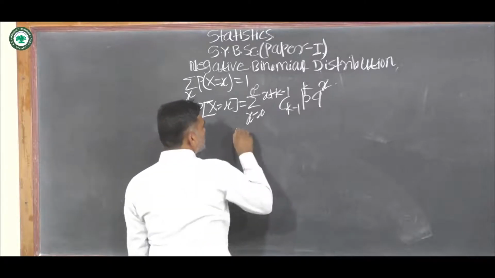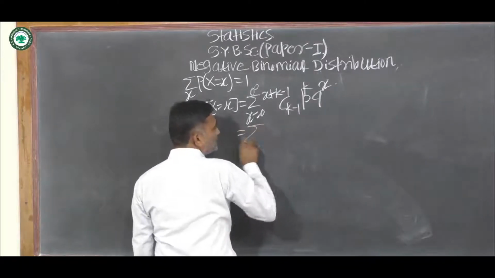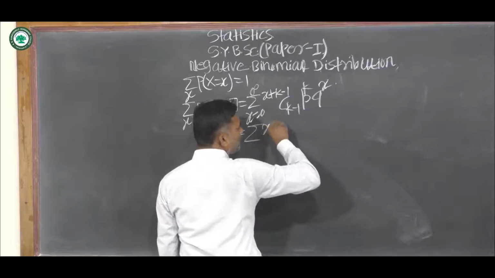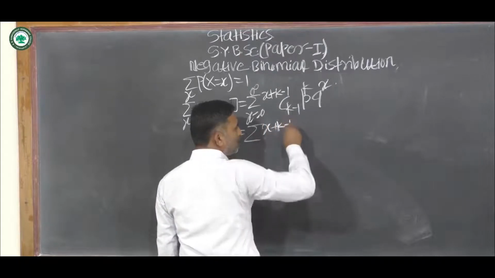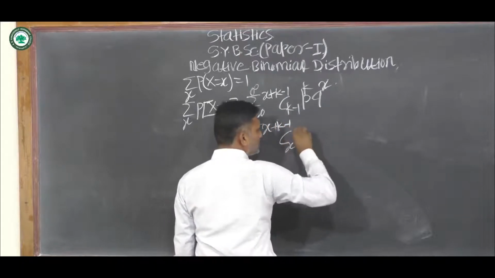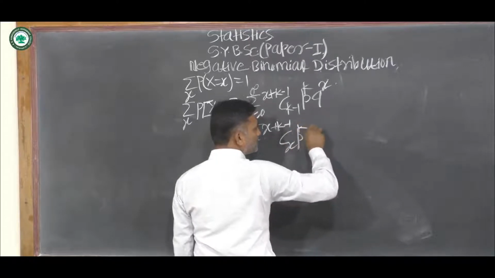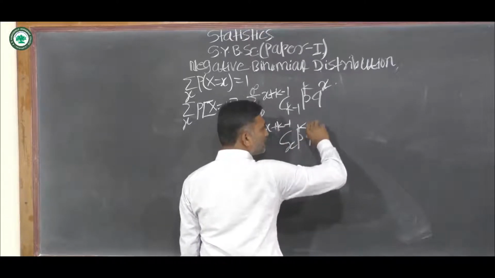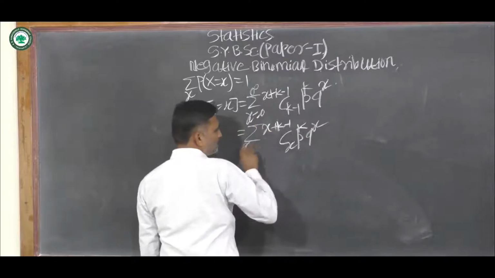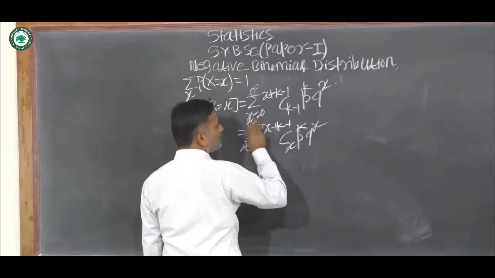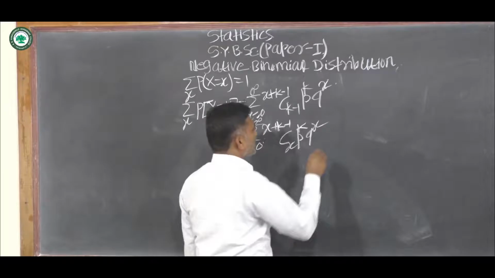Okay, now which is equal to summation of x plus k minus 1 c x into p raised to k into q raised to x, summation over x running from 0 to infinity.